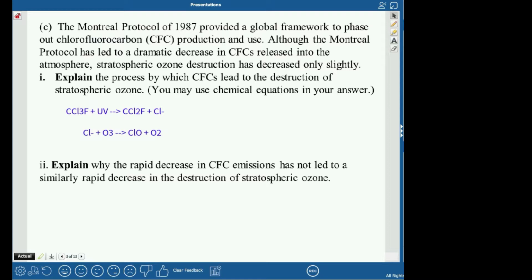And so it's basically like a chain reaction. It just keeps happening, right?